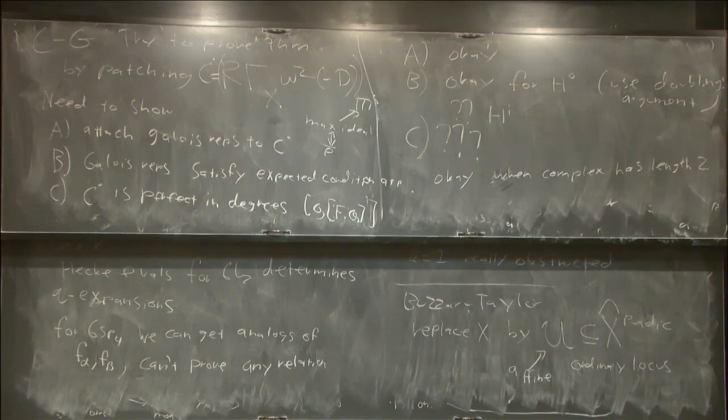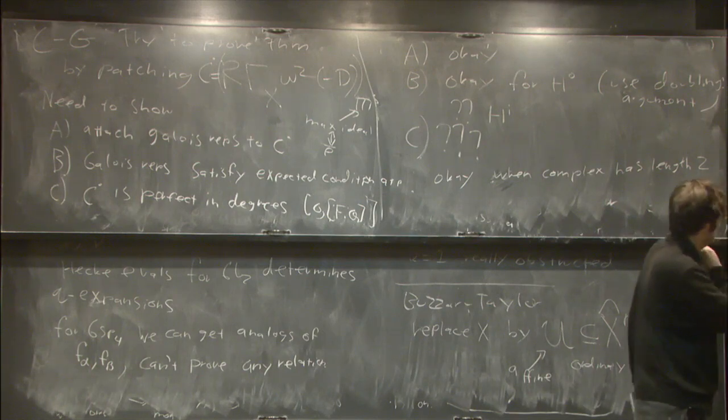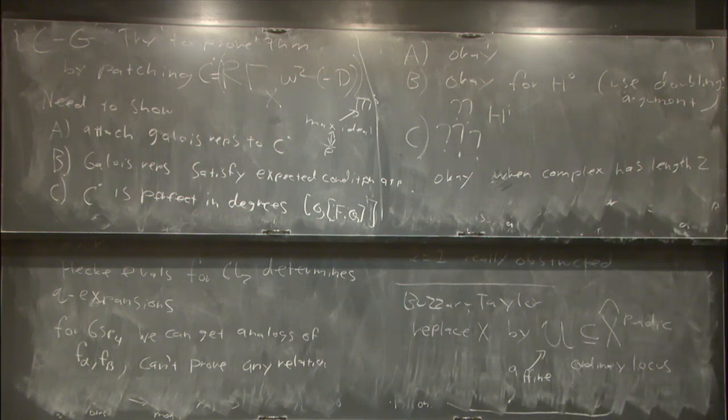So the idea is, let S_p be the set of primes above p, and let I inside S_p be a subset.